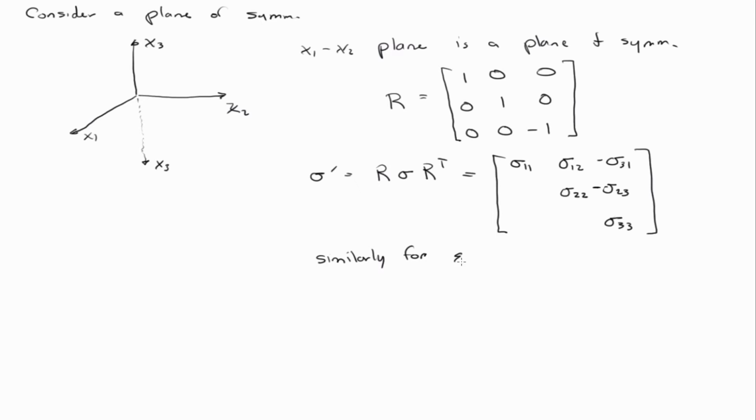So strain would transform into a prime coordinate system like this, and you'd get that E31 prime is equal to minus E31, and E23 prime is equal to minus epsilon 23, and the rest are the same.